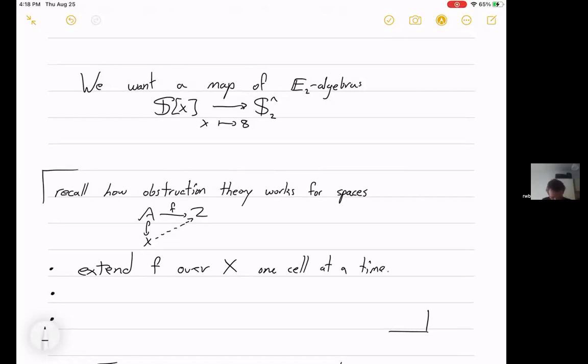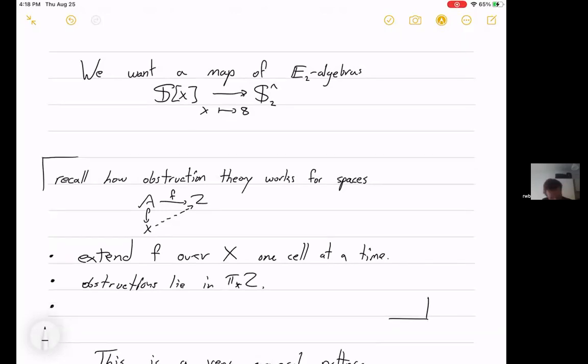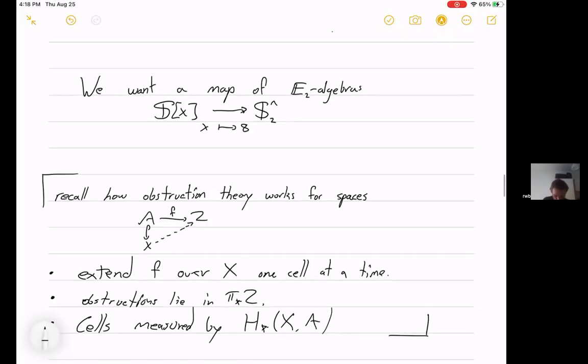Each time we're trying to extend over a cell, we're going to run into an obstruction to making that extension. Our obstructions lie in pi star Z. And then the third piece, which is really somehow the key one, is that the cells of X over A are measured by the relative homology of X and A. The point here is that we have this nice computable invariant, the relative homology, that tells us how many cells we need.